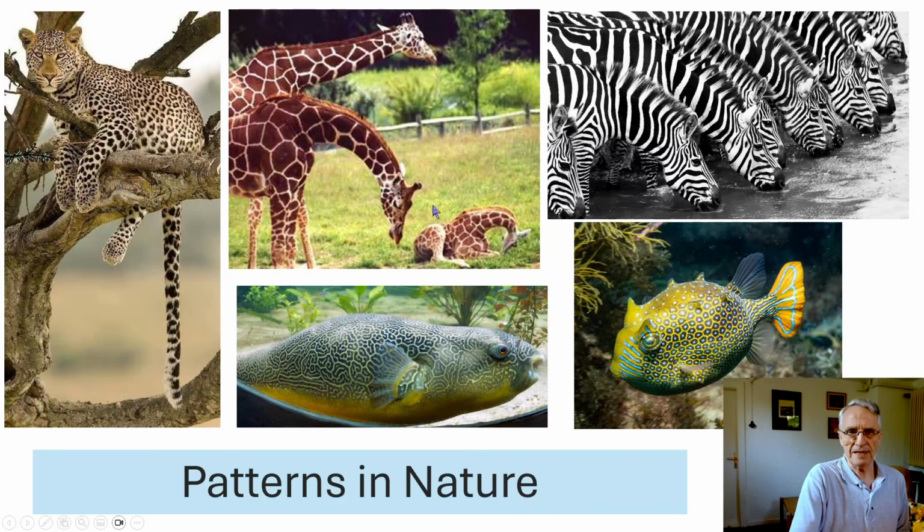What do these animals have in common? The skin patterns. Each member of the species has a similar pattern, but you don't find two individuals which have the identical pattern.